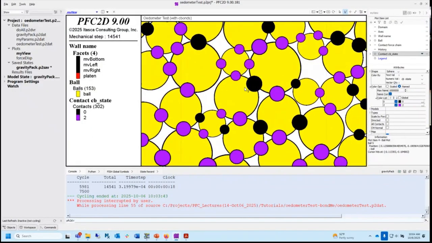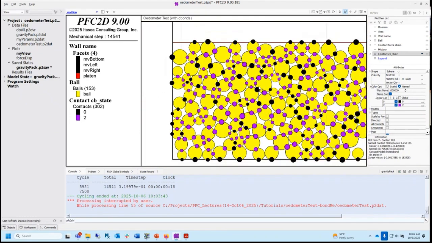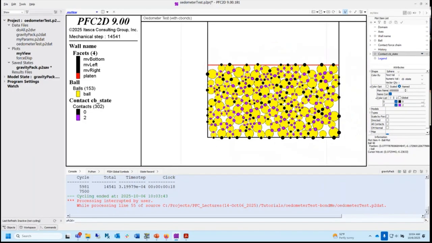So there's a bunch of them that broke in shear, and there's a bunch of them that are simply still unbonded. Okay. Why are they unbonded? Trying to remember. Let's not worry about it here. Okay.